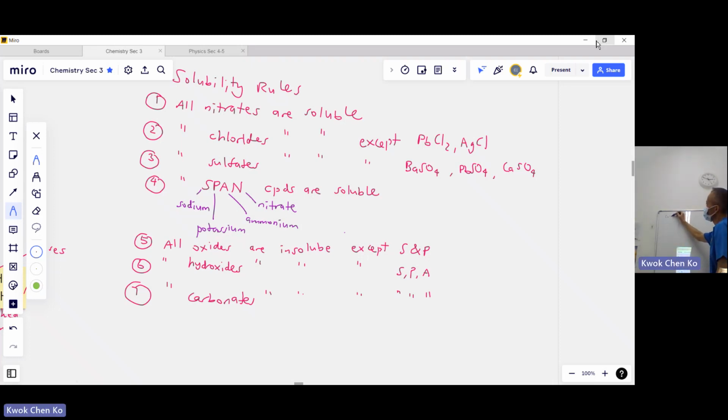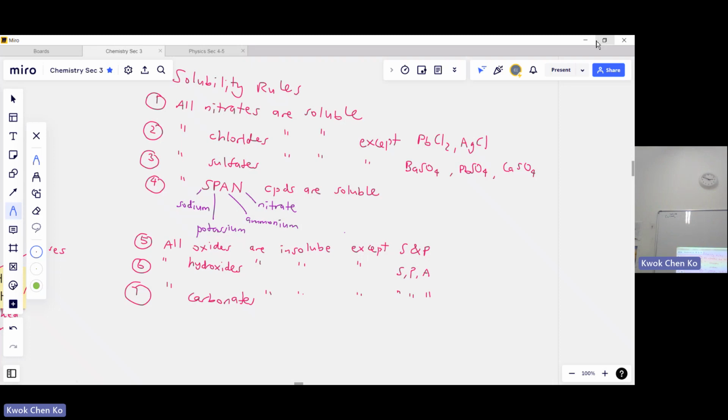So anyway, just to quickly test you guys. For example, look at your rules. It's a hydroxide, correct? Is it sodium hydroxide? Is it potassium?